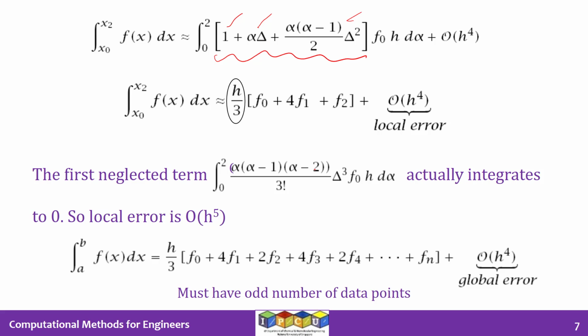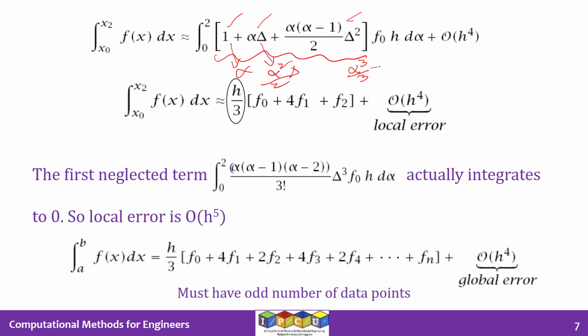And when you integrate this term by term, this is going to yield α. This is going to yield α squared by 2 times Δ, of course. This is going to yield α cubed by 3, because α squared, when you integrate, is going to be α cubed by 3, minus α.